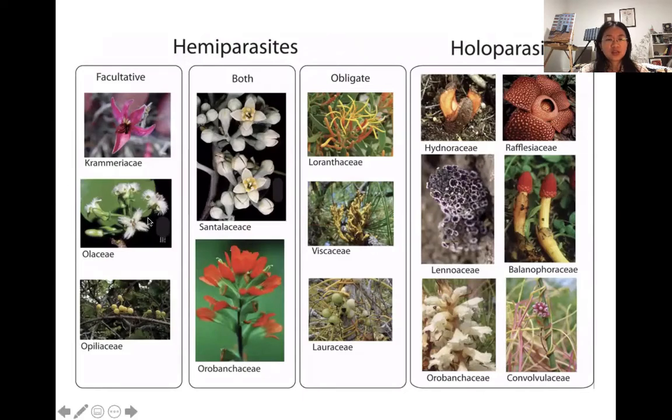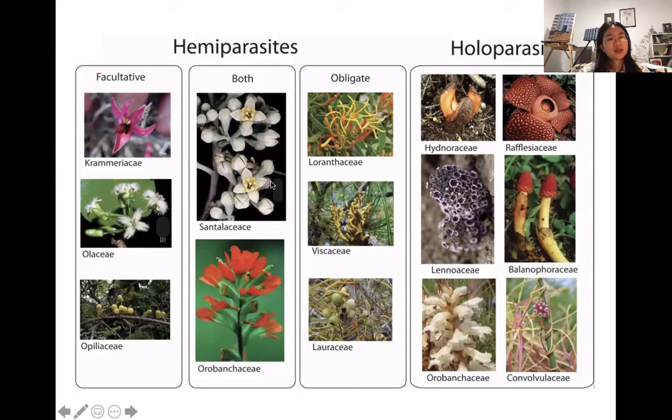Examples would include the Indian paintbrush in the Orobanchaceae, or the mistletoes, as well as a handful of other families. On the other hand, holoparasites have completely lost their ability to conduct photosynthesis. Within these groups, we usually observe the highest level of morphological and physiological modifications.